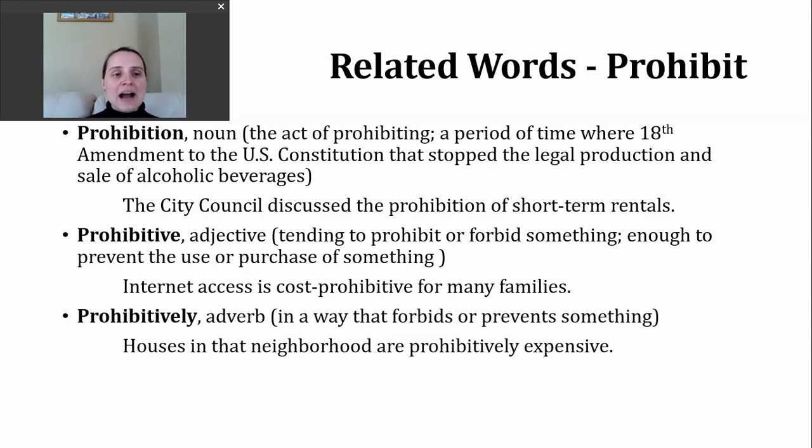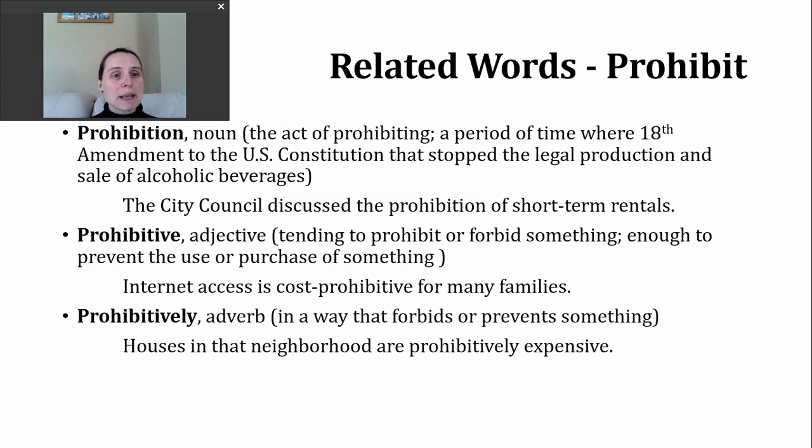Okay? I want to point out another meaning for prohibition, and this you might see with a capital P, like it's spelled on my notes today. And when you see it used that way, it's referring to a period of time, it was about 13 years, where we had a law or an amendment to the United States Constitution, and that amendment said it was not legal to produce or sell alcohol or alcoholic beverages.